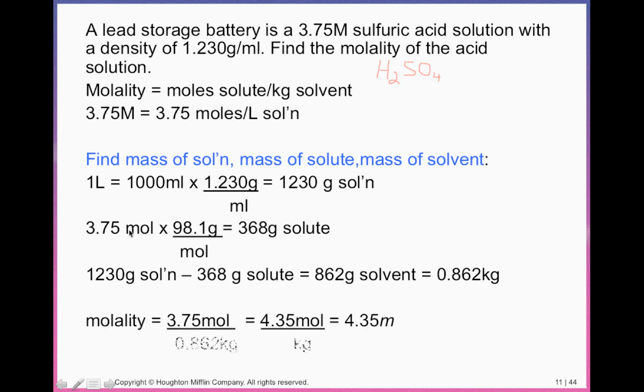So straightforward then. And I get 4.35 moles per kilogram, or 4.35 molal. So here's how you can go from molarity to molality. Now the last problem went from percent to molality. Okay, and that's going to be the end of the show.